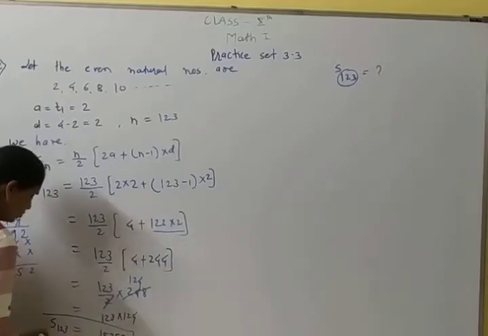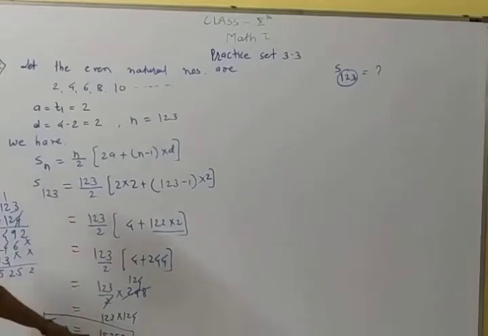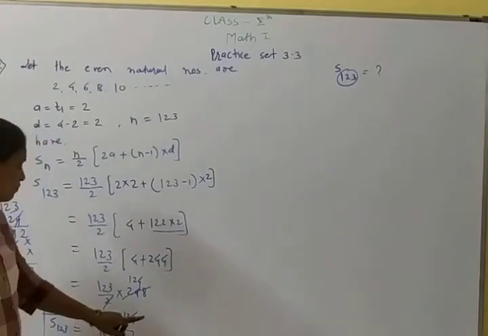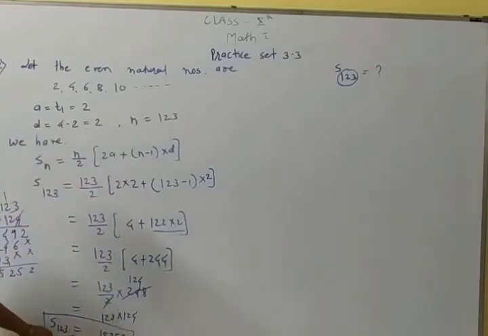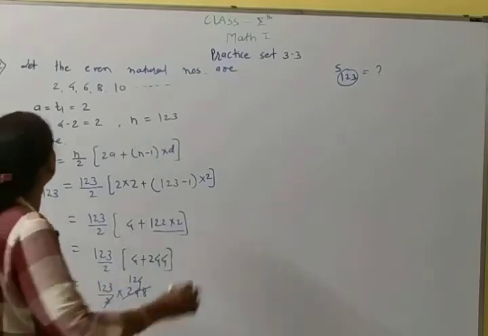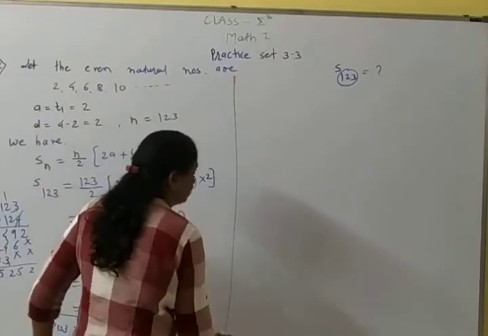Therefore, the sum of 123 terms is 15,252. Write down here in words: the sum of 123 even natural numbers is 15,252. Okay, then the third problem.